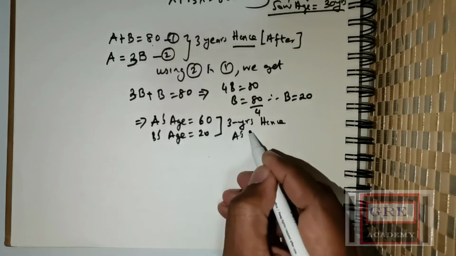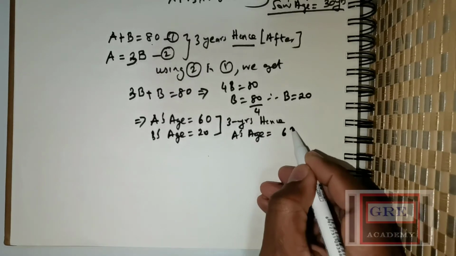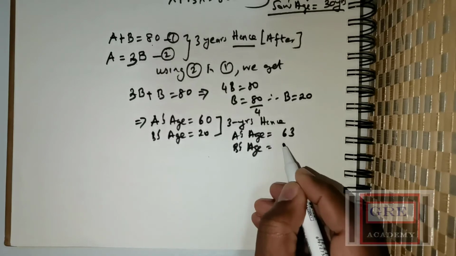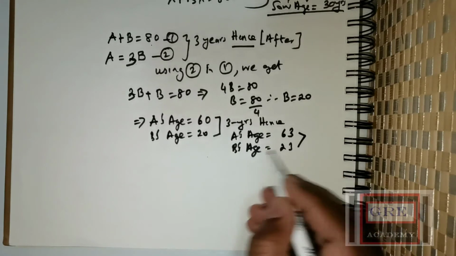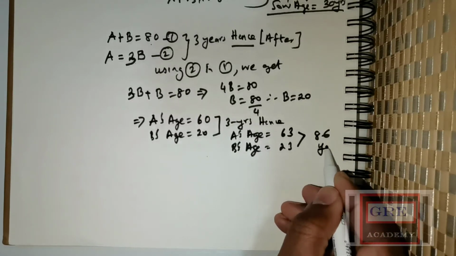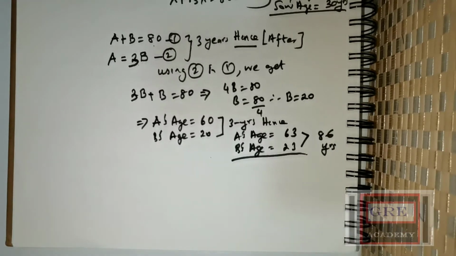So A's age would be 60 + 3, that's 63. And B's age would be 20 + 3, that's 23. And their sum is going to be 86 years. So this is the solution for this question.